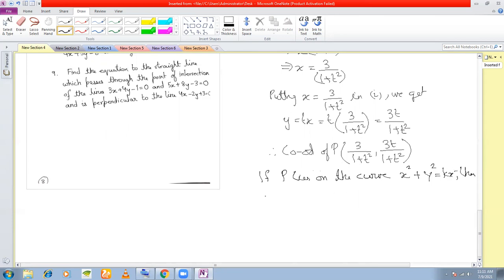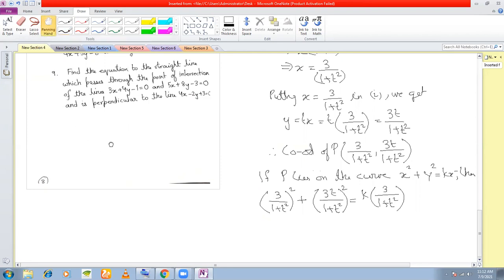Put the value of x as 3 by 1 plus t square, put the value of y as 3t by 1 plus t square, is equal to k into 3 by 1 plus t square, right?